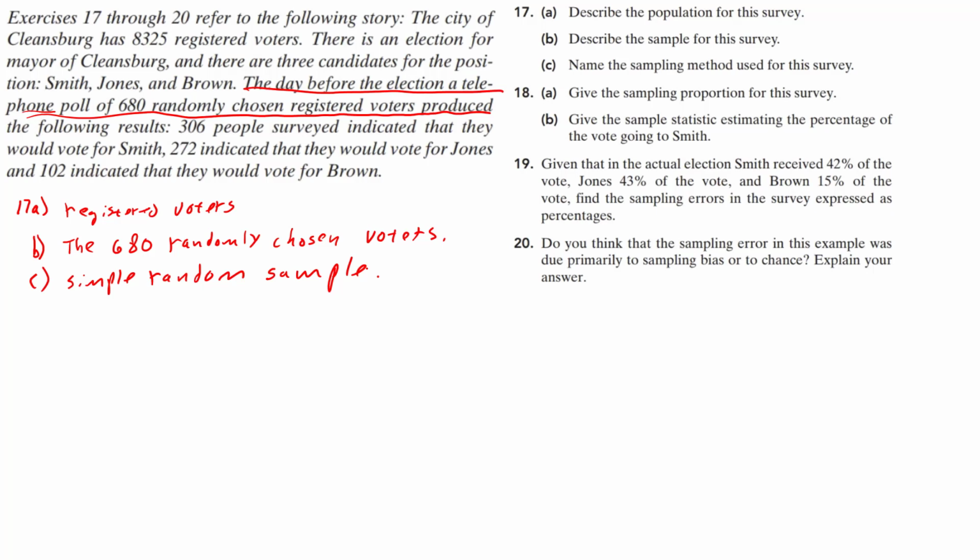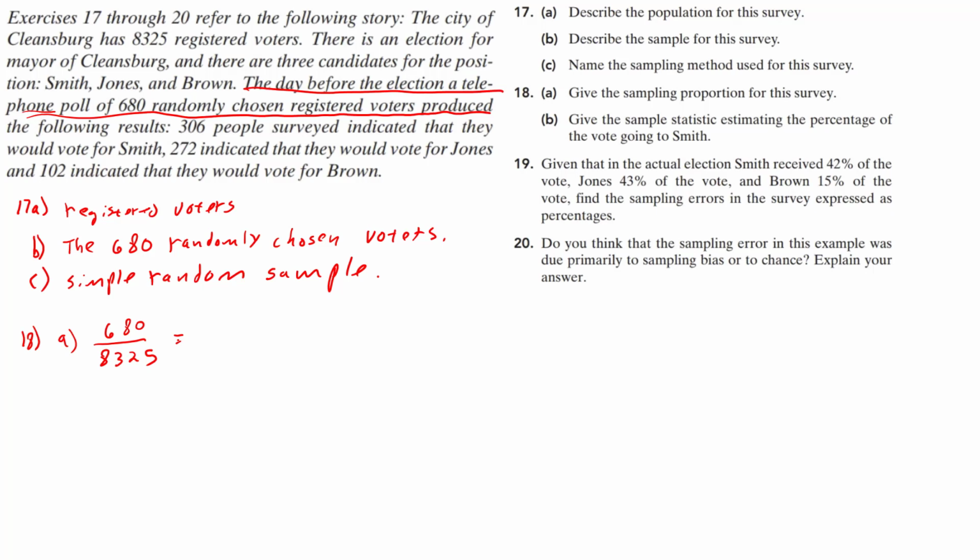Let's move on to 18. Give the sampling proportion for this survey. So the sampling proportion is you had 680 people in your sample, and your entire population was 8,325. So your sampling proportion is just this ratio, and you could write it as a percent.